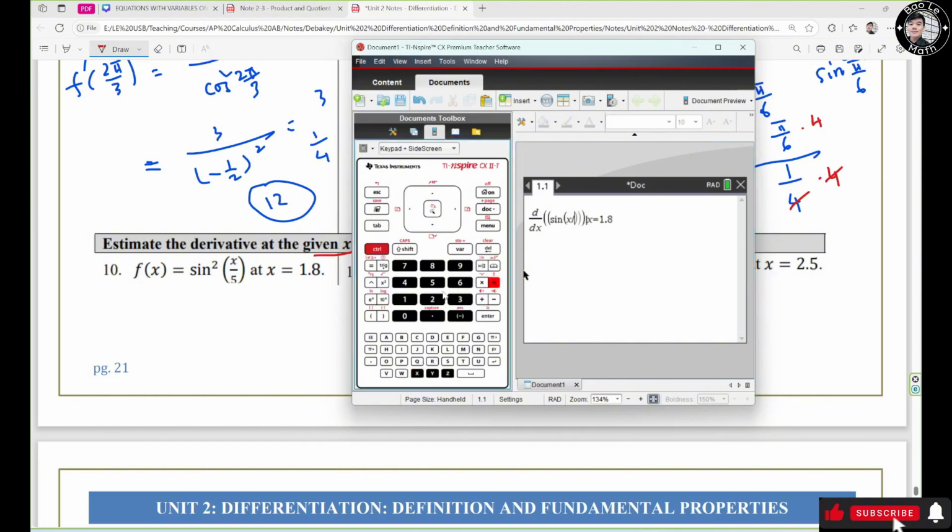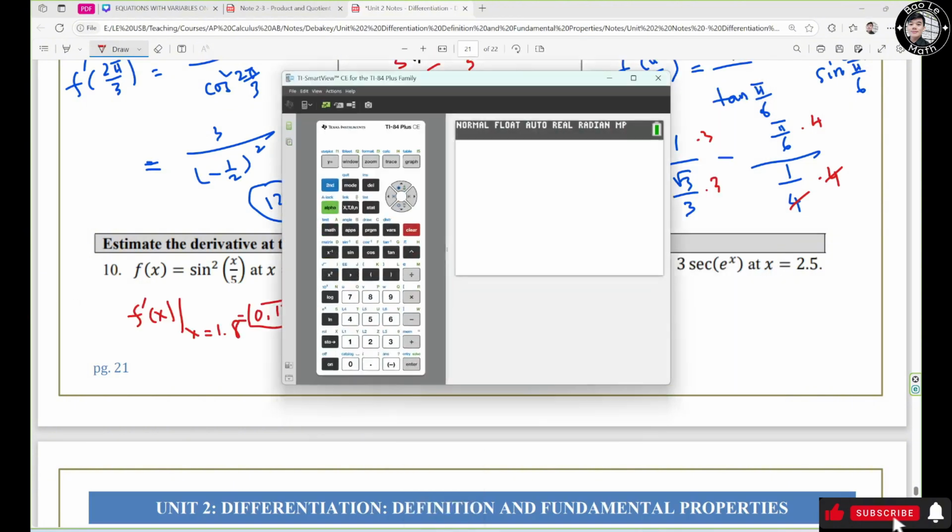S divided by 5. And then close parenthesis, and then close parenthesis one more time. And then hit square. Right? And you hit enter. The answer is 0.13187. So you're going to truncate to 3 decimal places. So it could be 0.131, right?